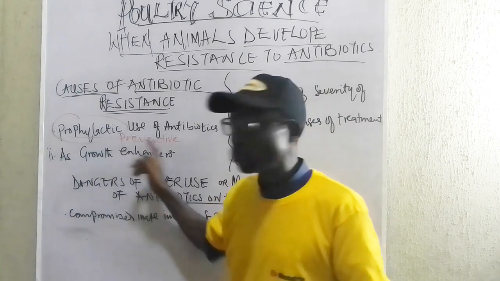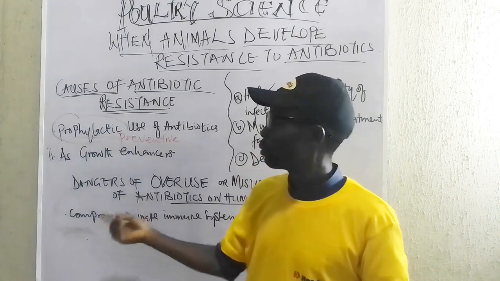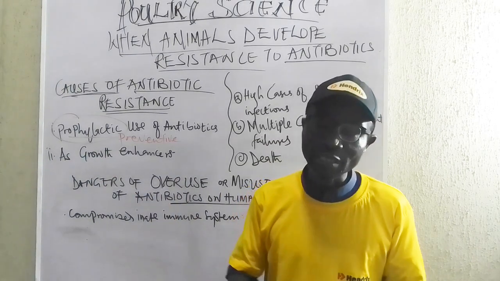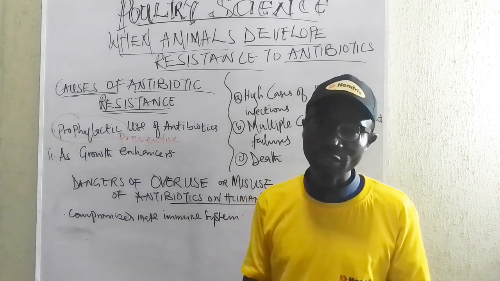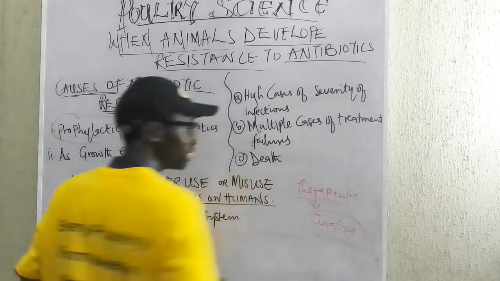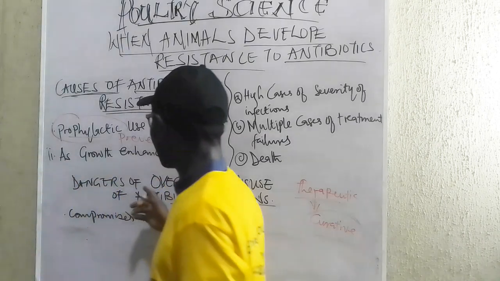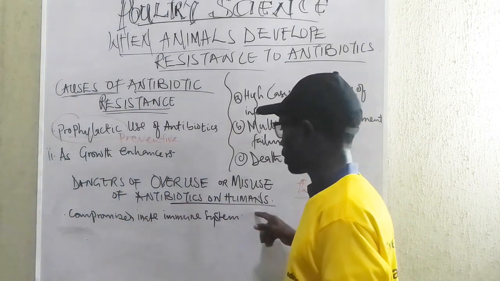So those little quantities you feed because of prophylactic use or growth enhancement will make the bacteria develop resistance to the antibiotics. Now, what are the dangers of doing this? The danger is either overuse or misuse of antibiotics.